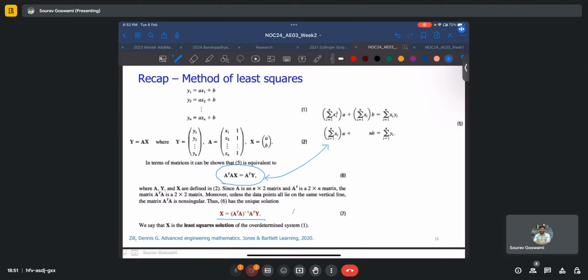And X, of course, gives us the coefficients a and b for our function ax plus b, or as you can see, simply the equation of the line mx plus c. We'll look at an example for a given data set and try to determine the best fit line.